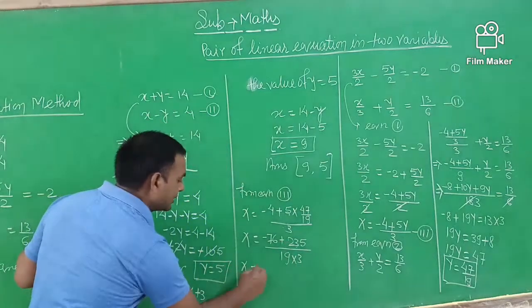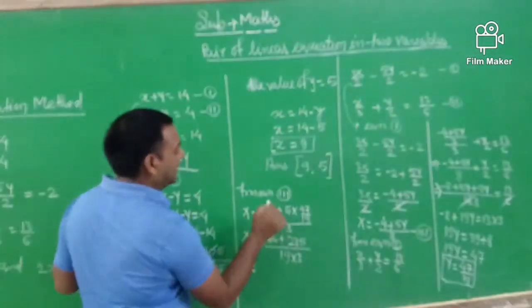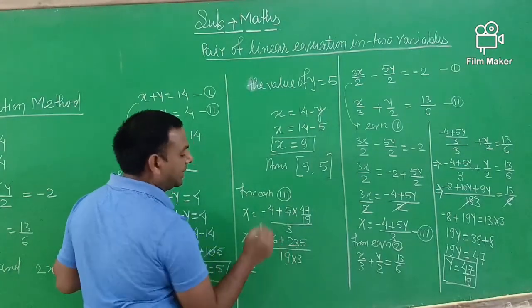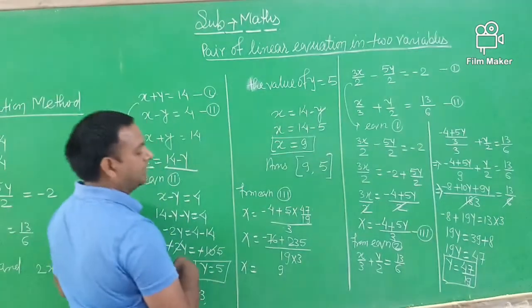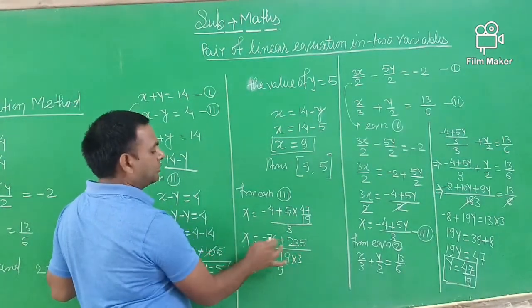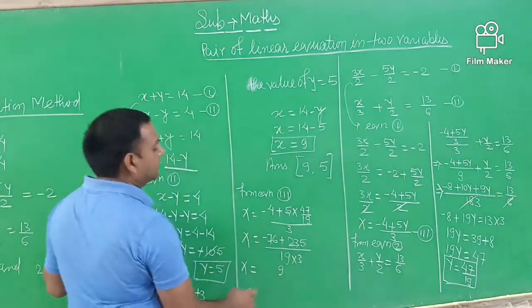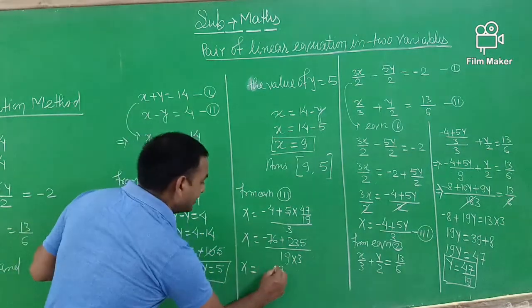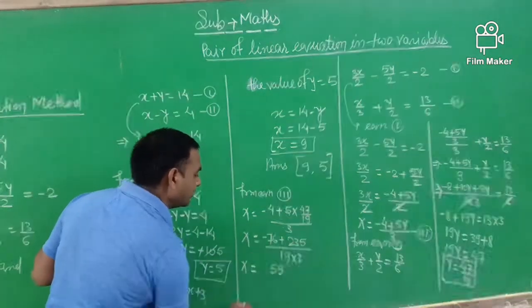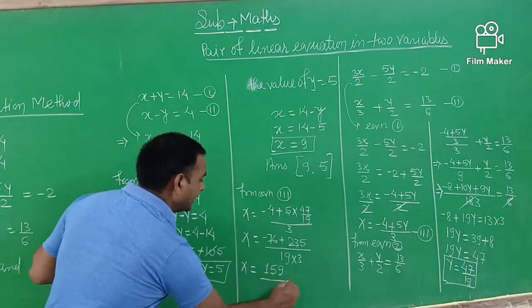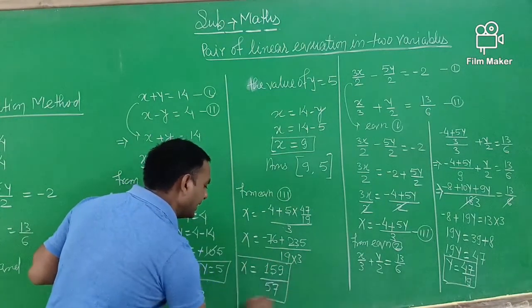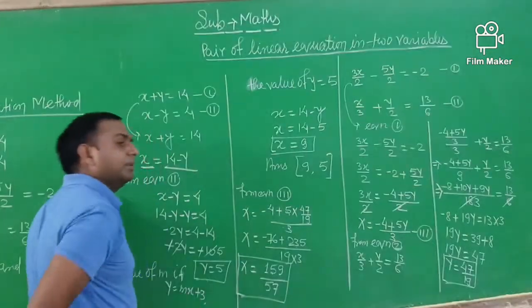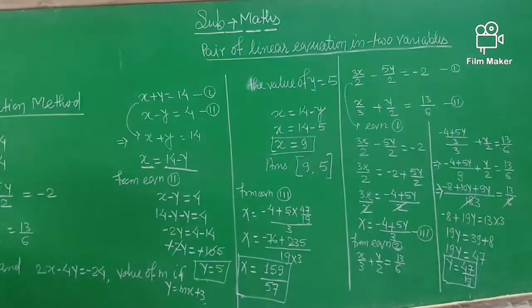So x is equal to 15 minus 6, it is equal to 9. Then 12 minus 7 is equal to 5. So 159, 19 3s are 57. So the value of x is equal to 159 upon 57.